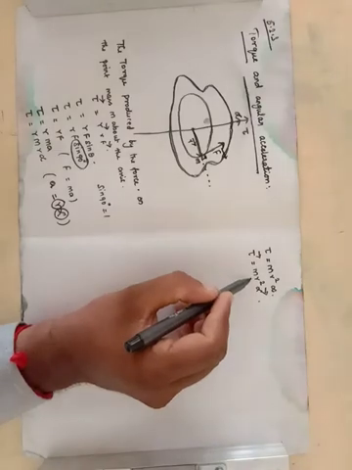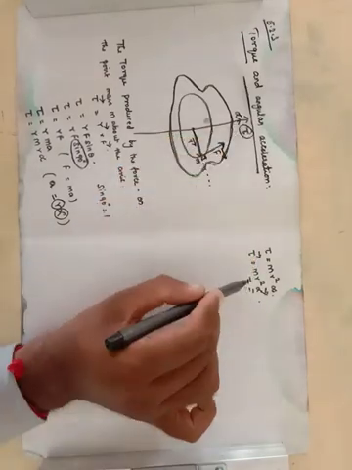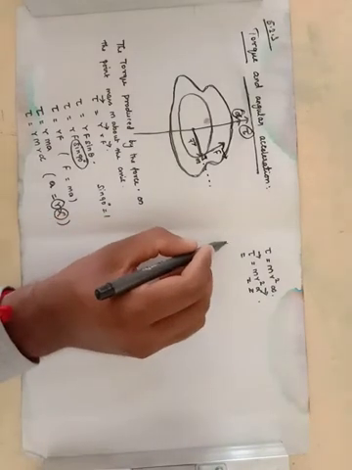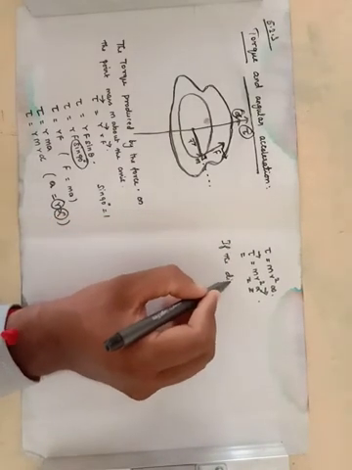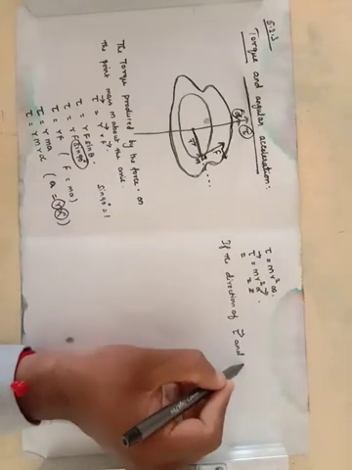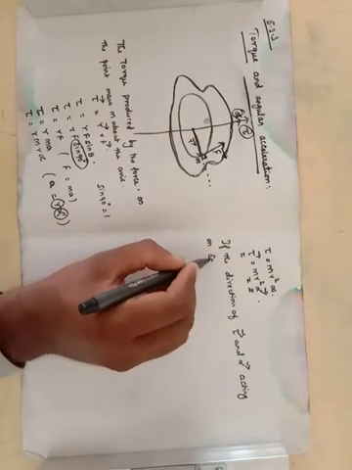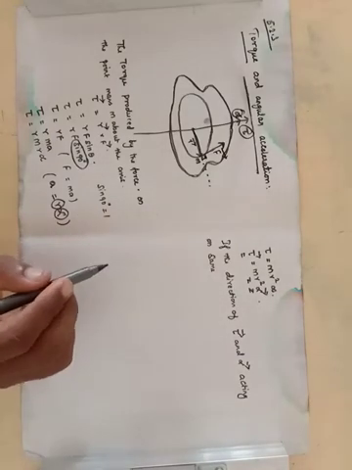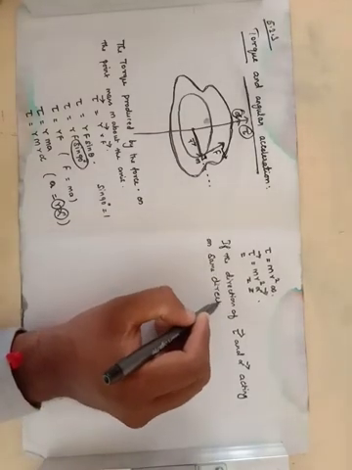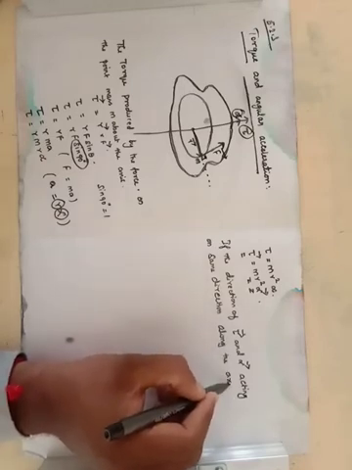Here the directions of the tau vector and alpha vector are acting in the same direction, and it is also along the axis of rotation.